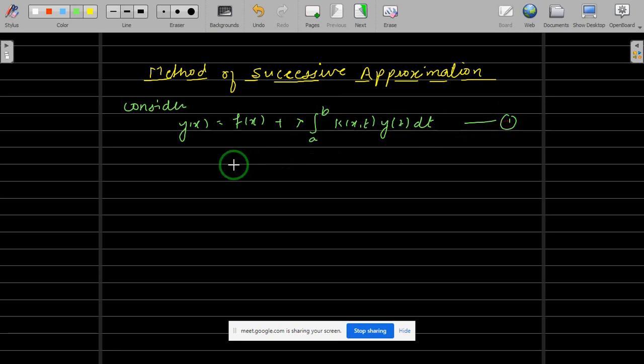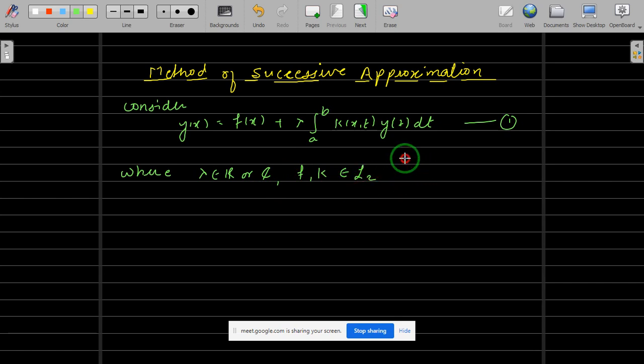Now as we have seen last time, we assumed that lambda is a real number. Now in this case we may take it real or complex, no problem. So where this lambda belongs to R or C, this f and kernel k are L2 functions.